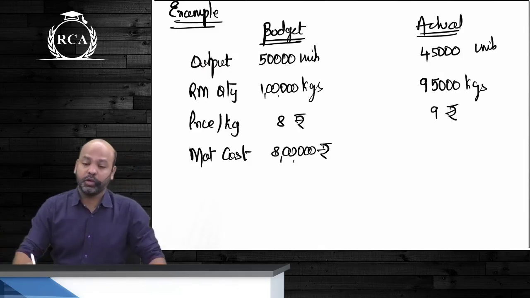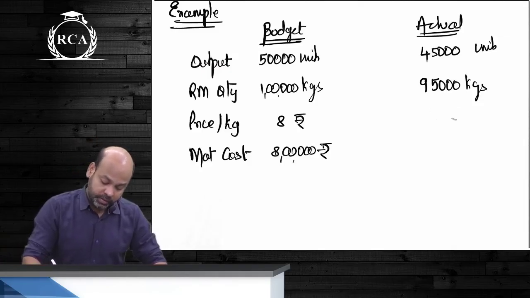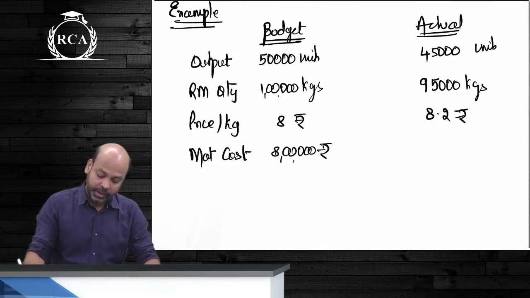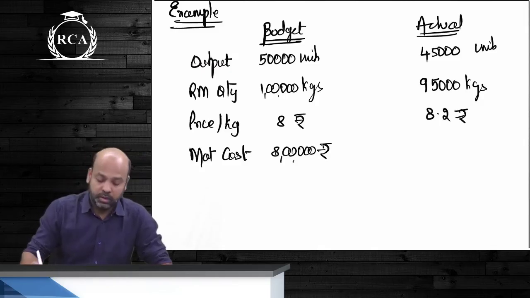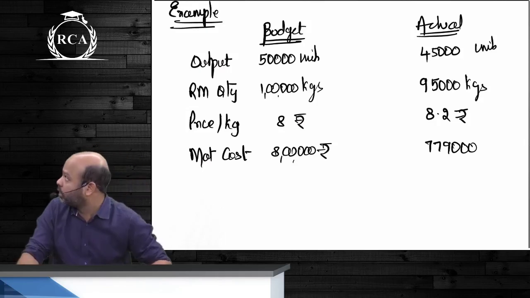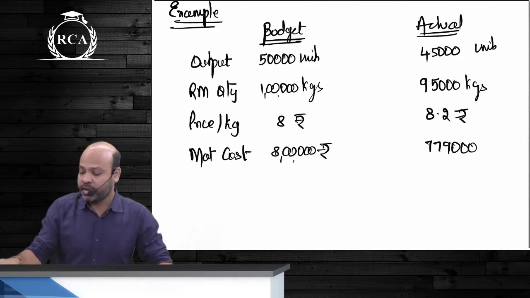So what will be my total raw material cost? Wait, one second. 95,000 kgs, each kg was purchased at 8.2 rupees. How much will be my raw material cost? 7,79,000. Is the overall variance favorable or adverse?